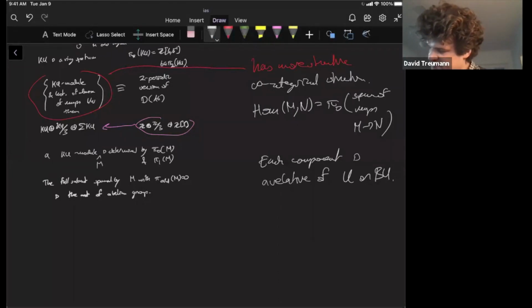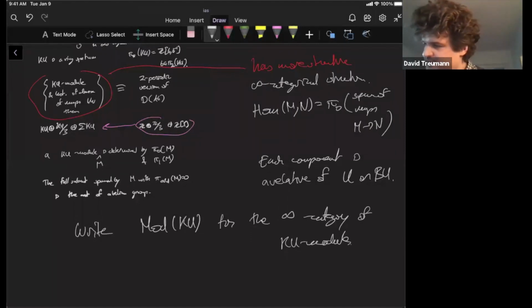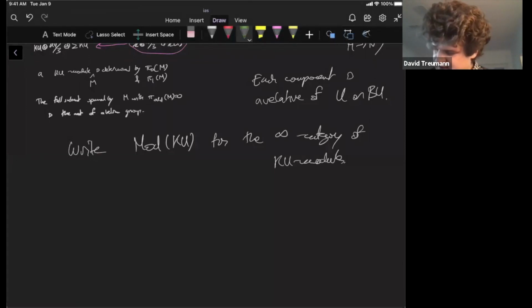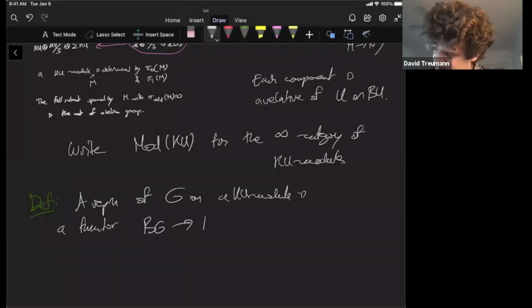And let's write mod KU for the infinity category of KU modules. And now here's a definition. A representation of G on a KU module is a functor from the classifying space of G to this infinity category.